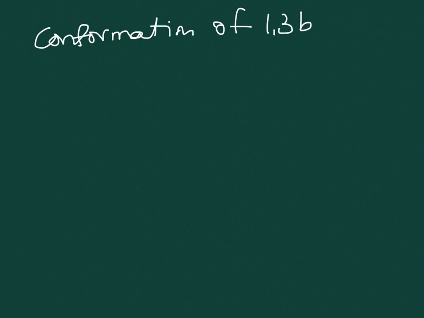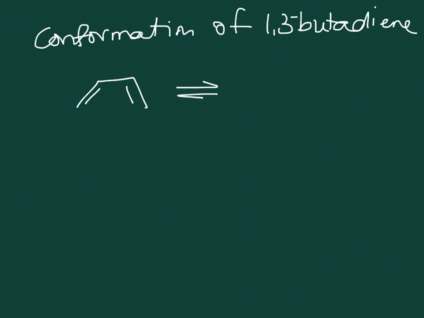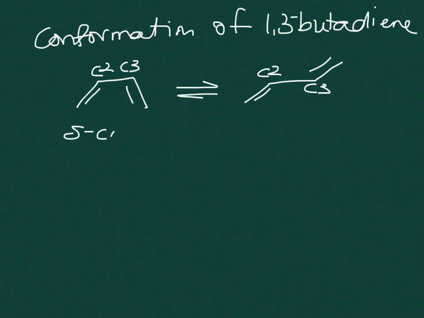I want to finish up 17.3 by looking at the conformations of 1,3-butadiene. So, at room temperature, you can have free rotation around C2 and C3, so that you have an S-cis conformation and an S-trans conformation.